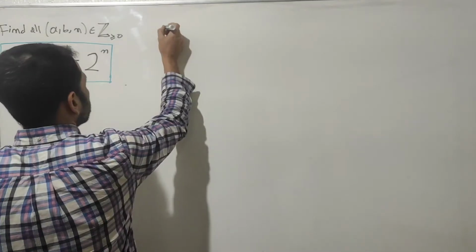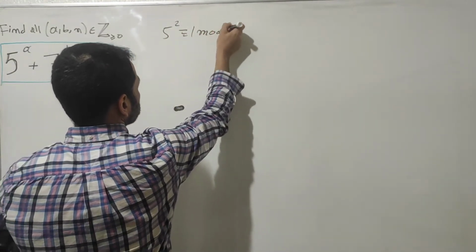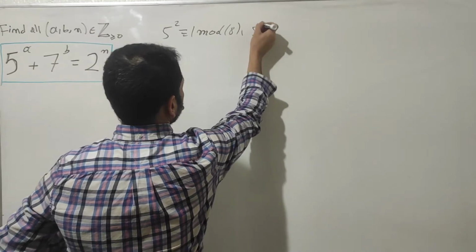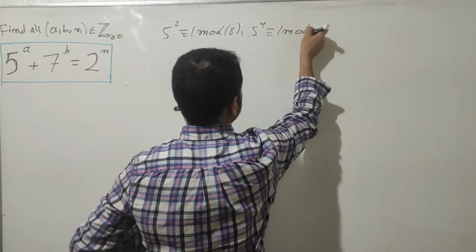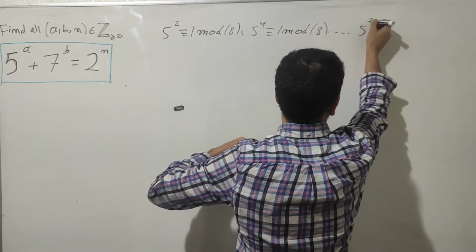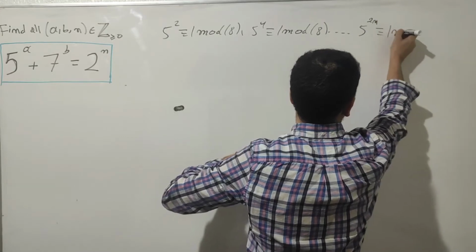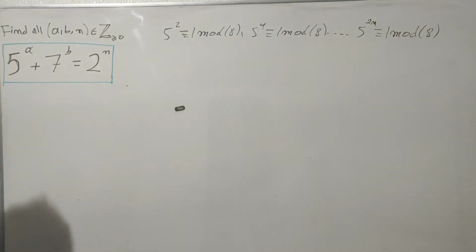We know 5 squared is always congruent to 1 mod 8, and 5 to the 4th is also congruent to 1 mod 8, and all the way down, 5 to the 2n is congruent to 1 mod 8. I'm going to reduce this equation using mod 8.